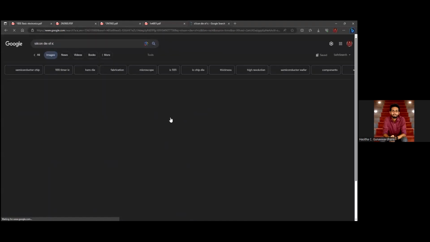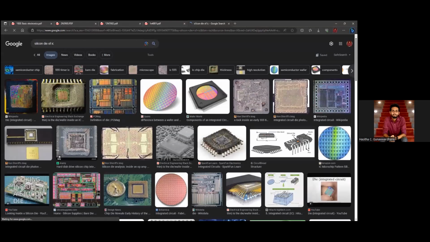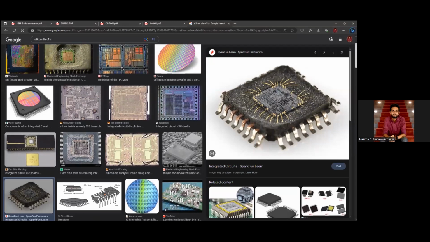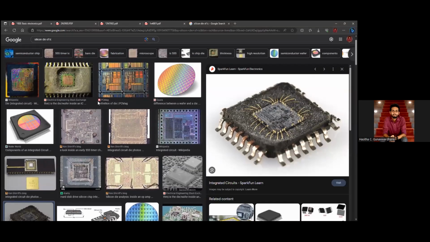This is a very good example. This picture represents a regular IC where the black housing is removed, so the inside looks like this: a silicon die. Silicon is made out of soil. The silicon die is connected with these pins, and this die includes a very large circuit.